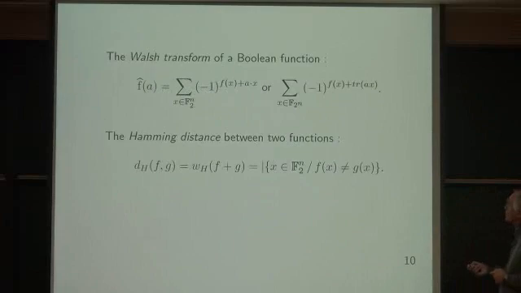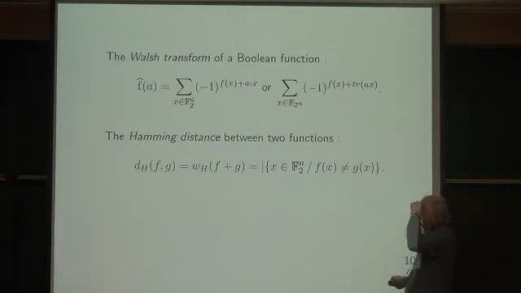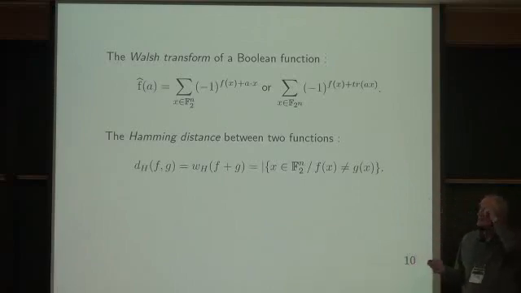I need the Walsh transform to study the functions. So what is the Walsh transform? We've seen it in previous talks. Since we can live in the vector space or in the field, I give the two expressions. In general, in the vector space, which is the weakest structure, so more general, you define the sum.